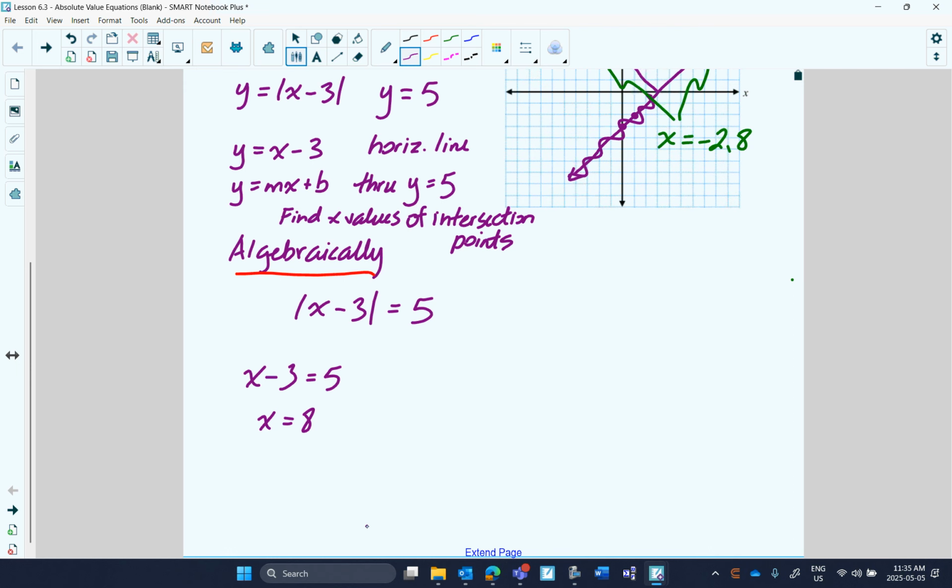This can also work out to -5, which means that x, when you add 3 to both sides, is -2. So you actually get two answers. And notice the beauty of mathematics, it matches. Of course, it has to. See how it's all connected.